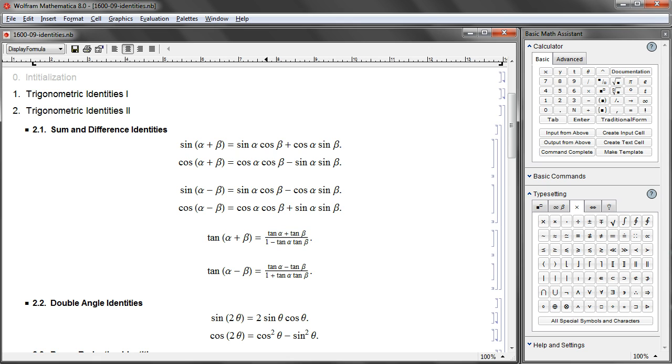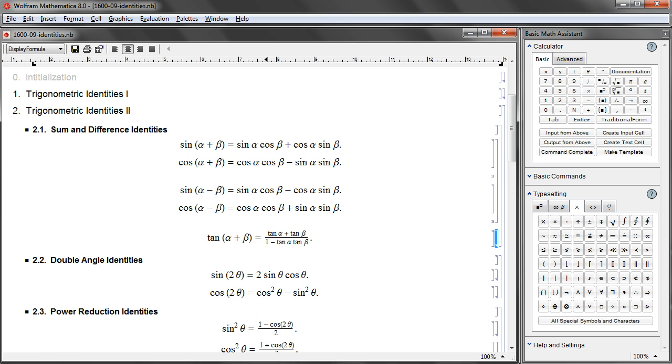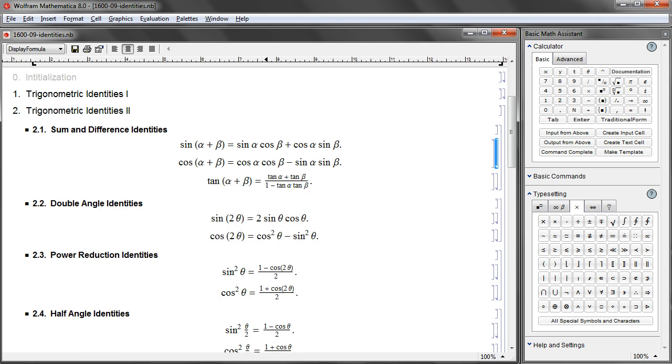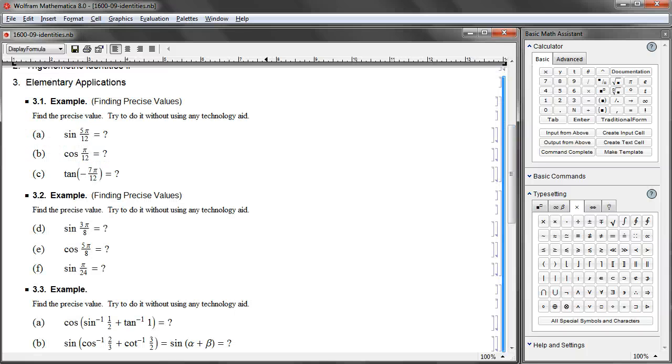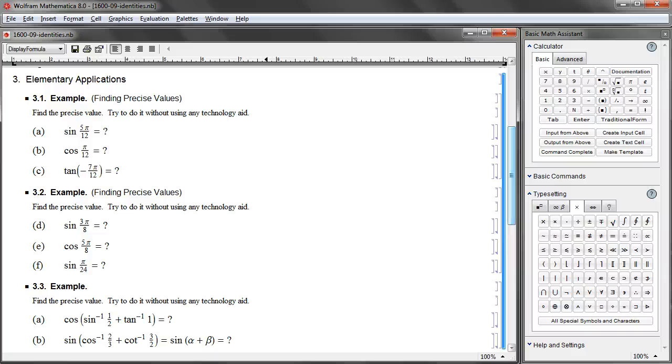That way you can just memorize the formula for sum, and you can easily deduce the formula for difference. That way you can memorize a smaller number of formulas, and that's going to make your study more effective.